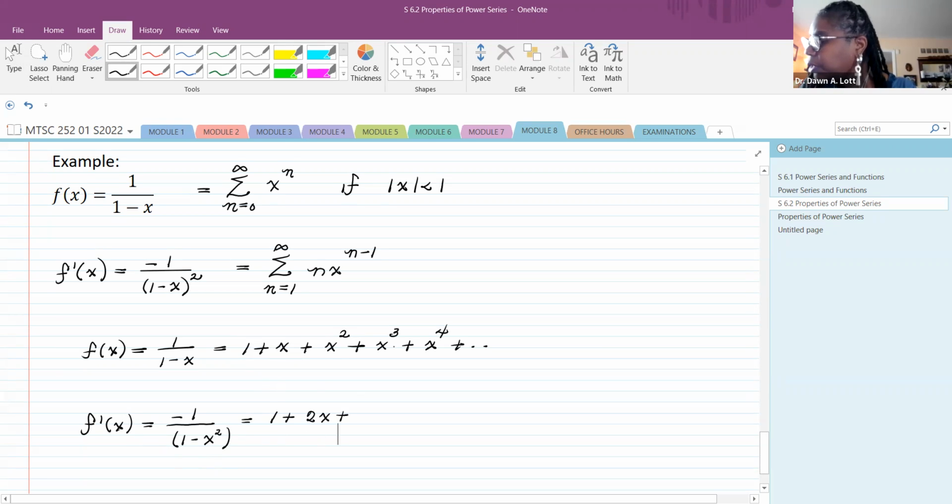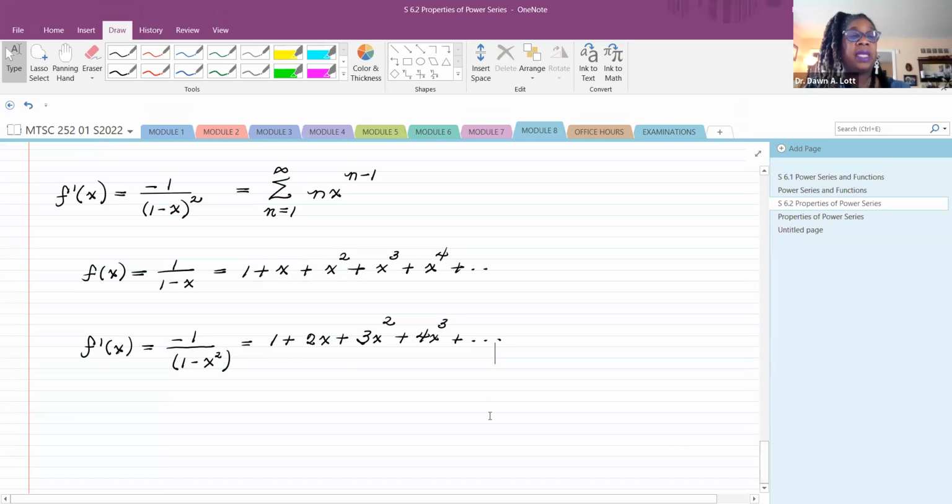Do the derivative of the next one, I get 3x squared plus 4x cubed. So just by knowing one power series, I can find its derivative, and end up getting a power series for another function. Okay.